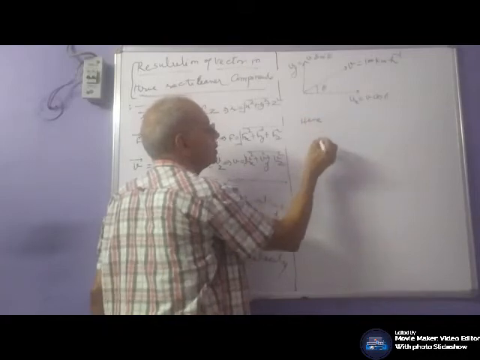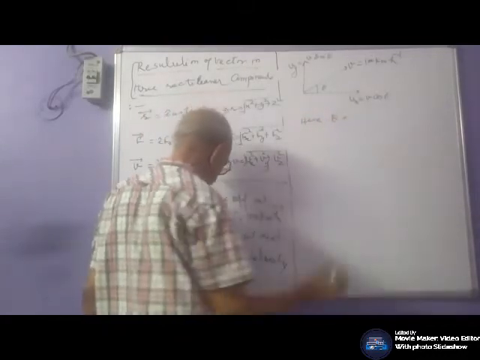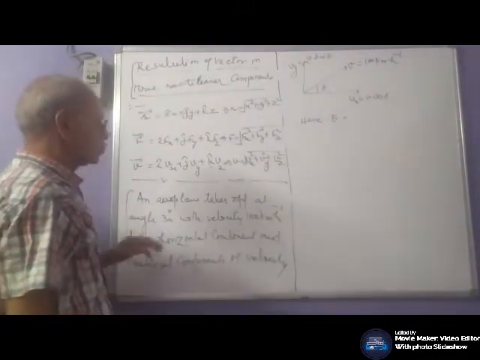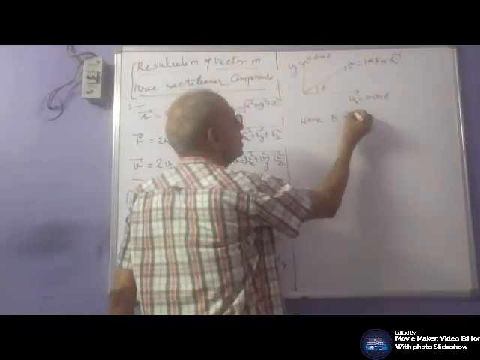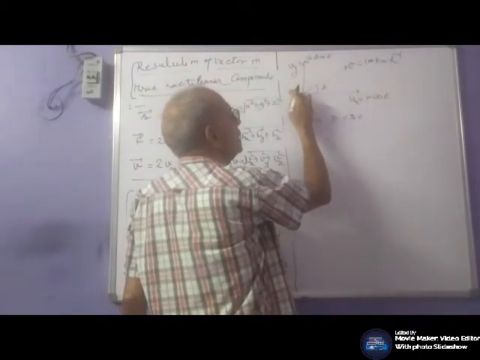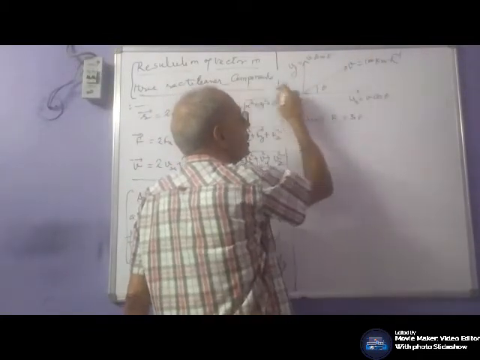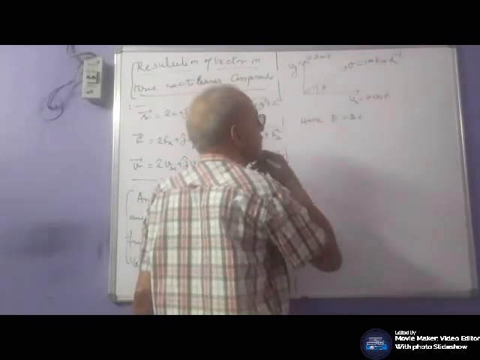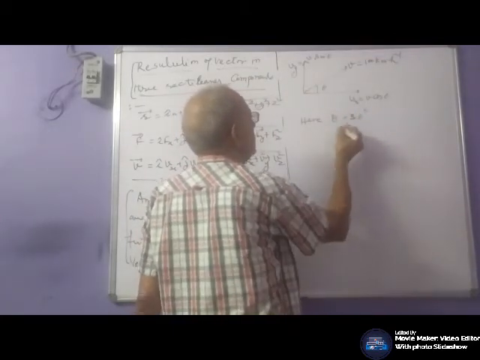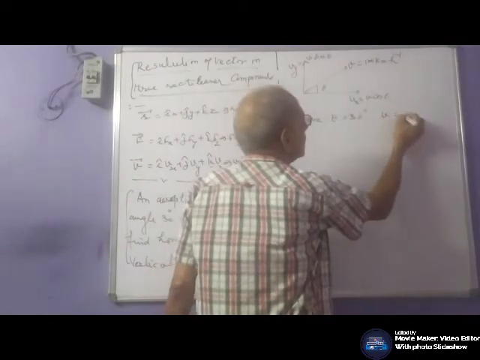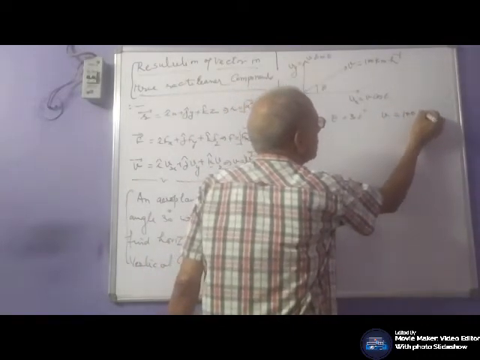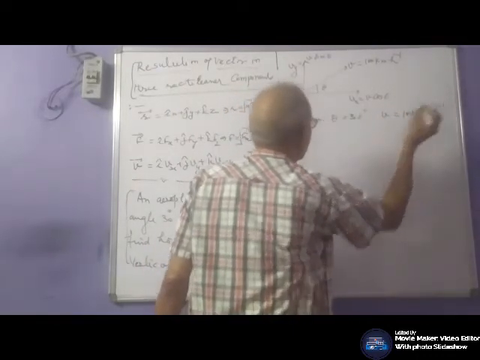Here theta is 30°. This aeroplane takes off, it runs parallel and takes off at this angle, and V is 100 km/h.